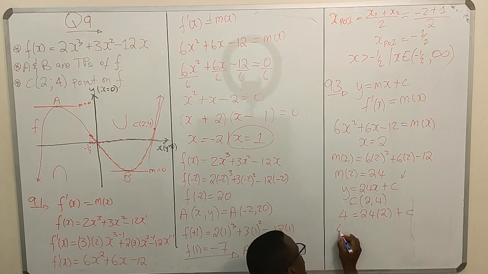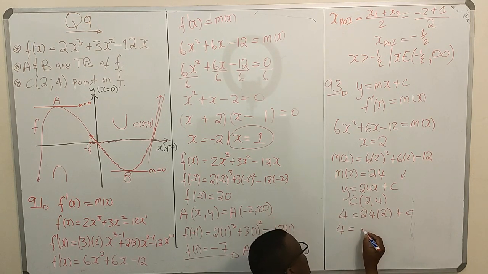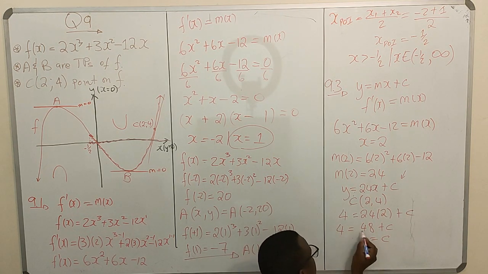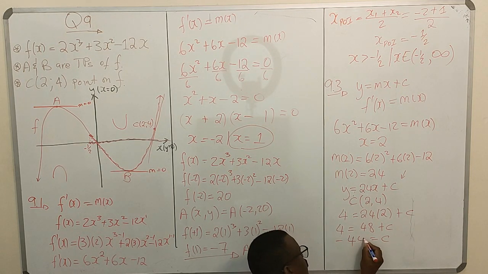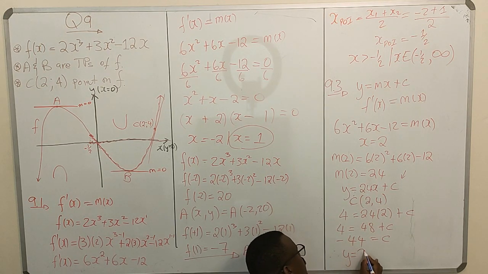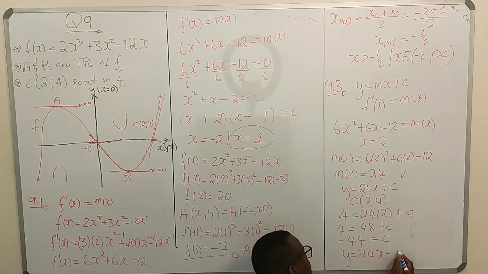So 4 is equal to 48 plus c. Solve for c: c is equal to 4 minus 48, so that is -44. So your equation of the tangent is y equals 24x minus 44. And you're done with this question.